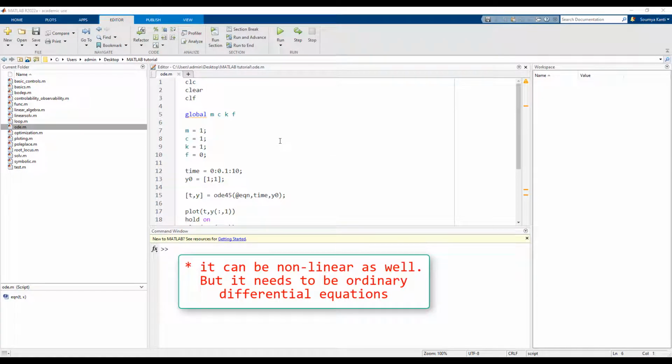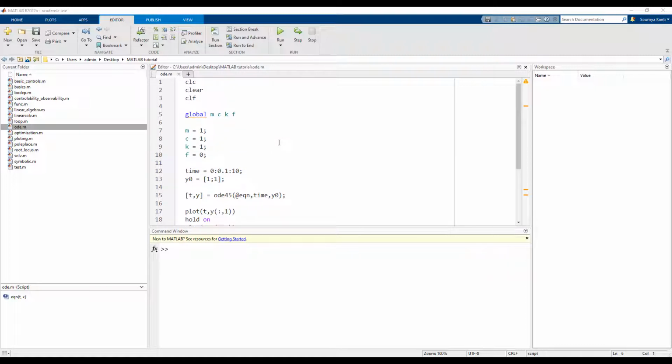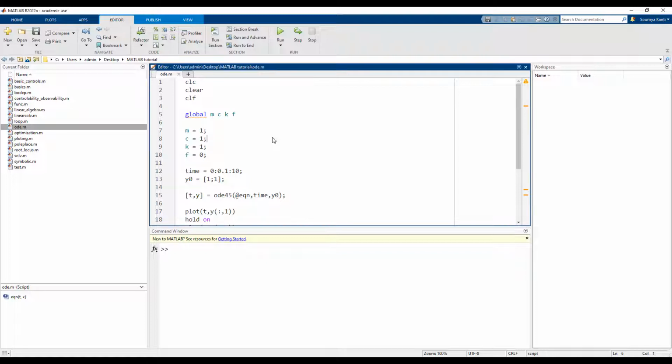Here we will be solving the differential equation of a spring mass damper system. The equation of motion is something like m x double dot plus c x dot plus k x equals F, where F is the force applied on the spring. The spring and damper are added in parallel to each other.